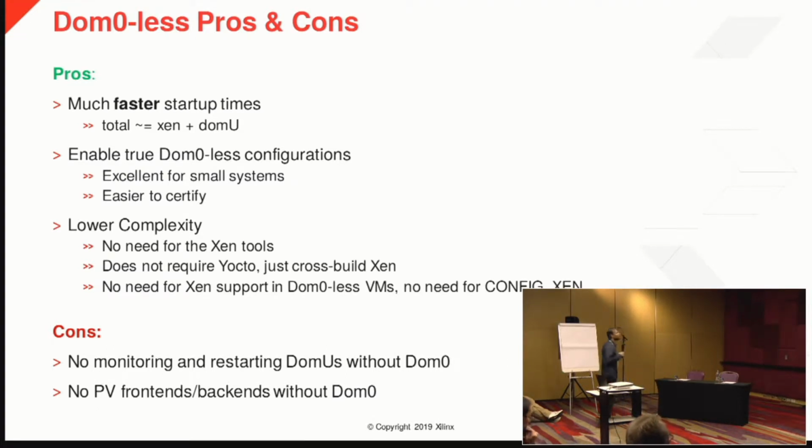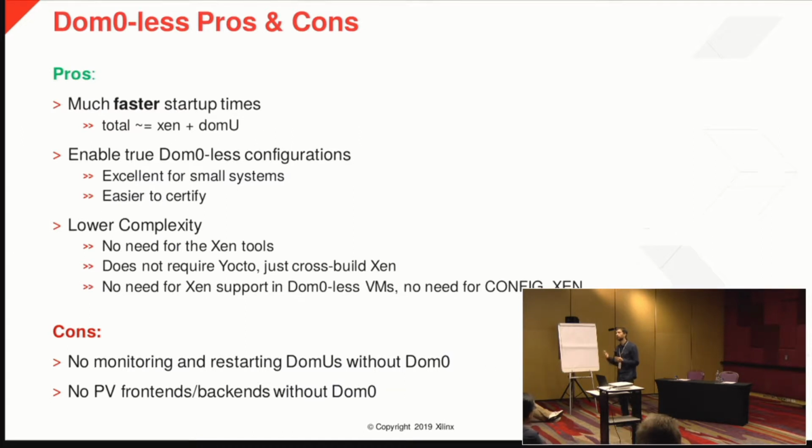We have a much faster startup time, drastically faster, really from 10 to 1. It enables true DOM0-less configurations that are great for simplicity, for small systems, and far, far easier to certify. Lower complexity, so you only need to build Xen now, no tools. One thing I forgot to say is that in the case of DOM0-less VMs, the VMs themselves don't even need to know they're running on Xen.